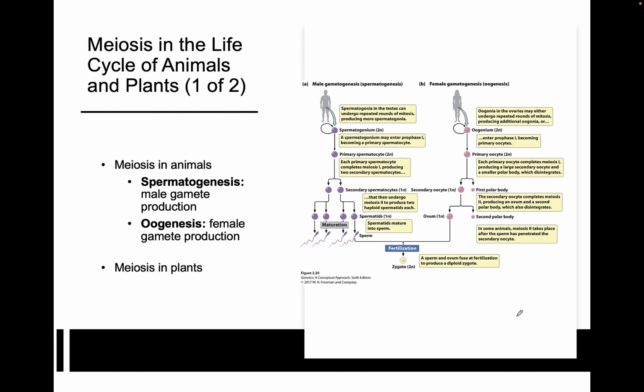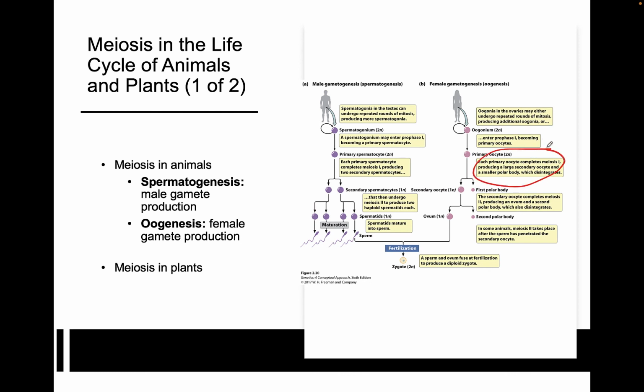In female gametogenesis or oogenesis, the oogonia in the ovaries may either undergo repeated rounds of mitosis to produce additional oogonia, but eventually the oogonium will form what we call primary oocytes. The primary oocytes will enter into meiosis I, as you see here.